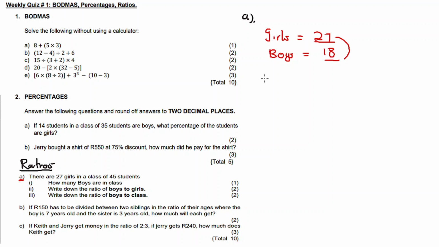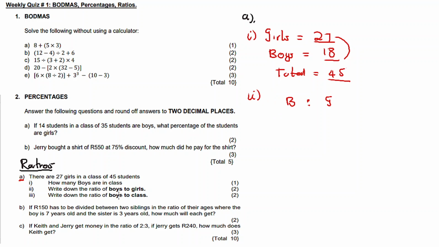Now, let me just say total in the classroom, it's 45, right? So number one, how many boys are in the classroom? I think I covered this one. Let's just say this is number A, Roman figure number one. Roman figure number two: write down the ratio of boys to girls. I even bolded the text just to show you.